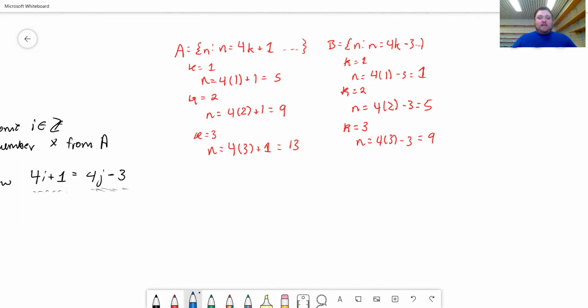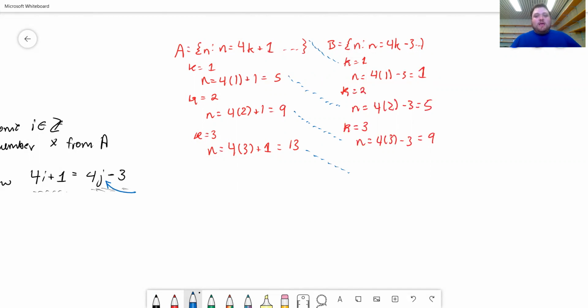And so what we see here is that this 5 relates to this 5, this 9 relates to this 9, and this pattern would continue. But how can we use this to determine what we need to sub in to j in order to get 4i plus 1?